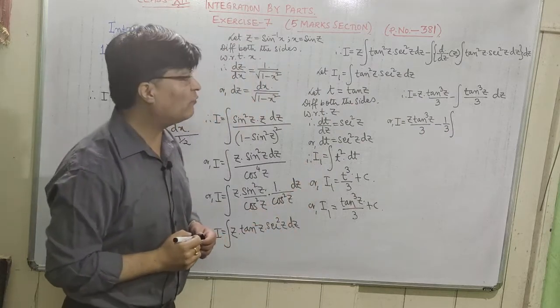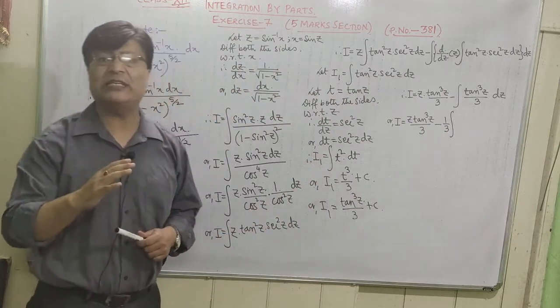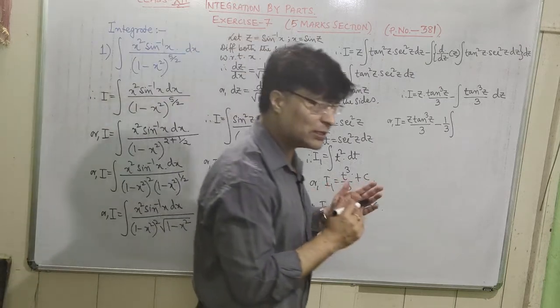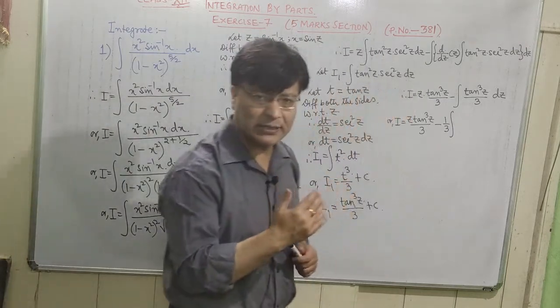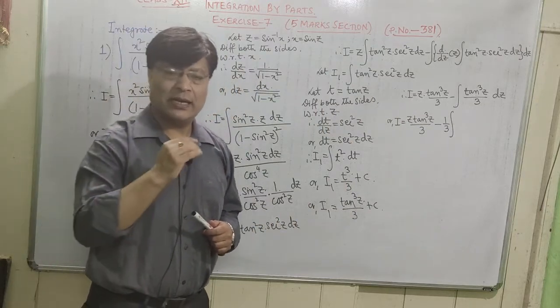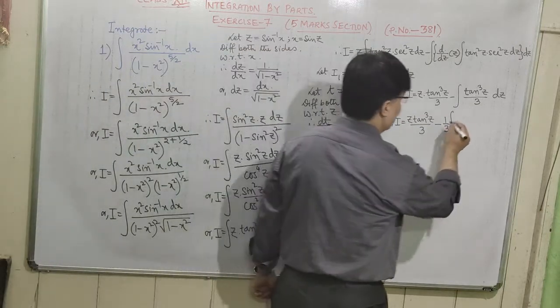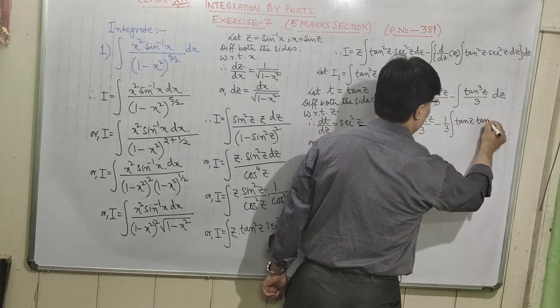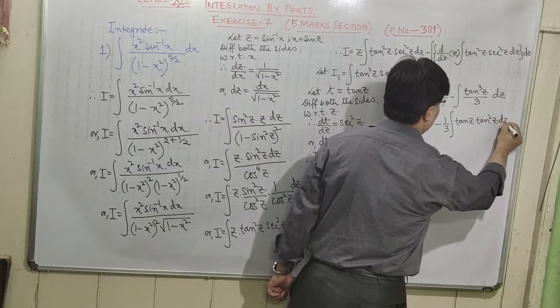So how can you evaluate this integration of tan cube z? Let us break this term tan cube z. Let us write it as tan z into tan square z dz.